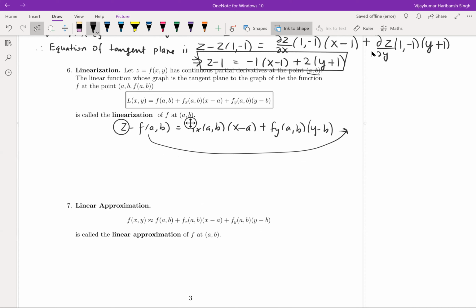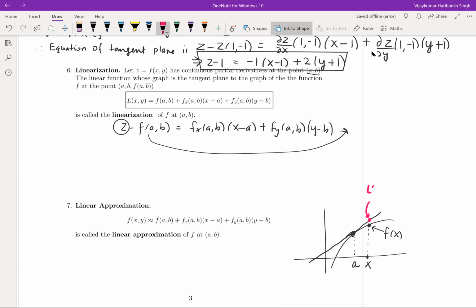So recall, in a function of one variable, if you had to do linear approximation at a, you basically drew the tangent line, and instead of the f of x, the point on your tangent line was L of x. That is the linear approximation for f of x.